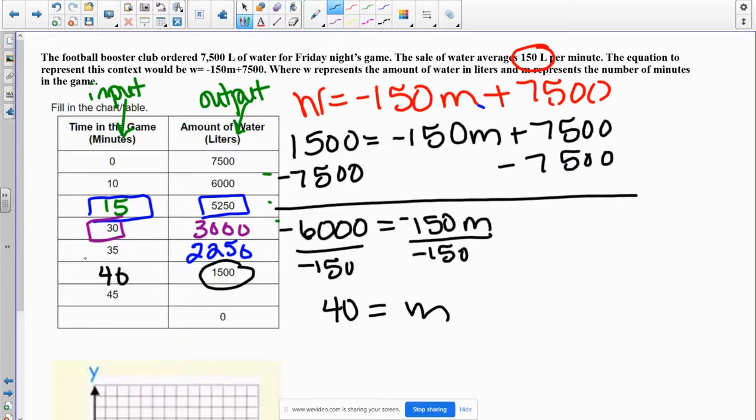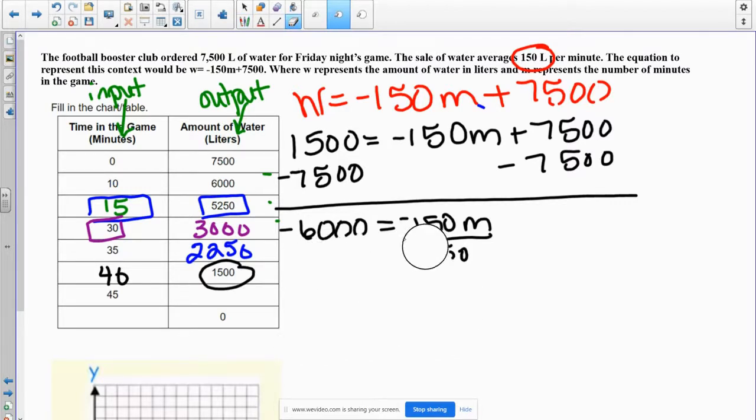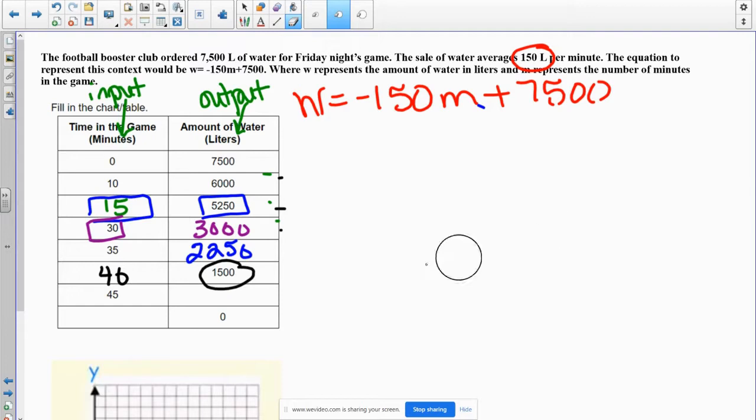It keeps continuously going down here with our water, but our minutes are going up because more of the time at the football game continues to go by. This time we know our input on our next row. We're looking for our output. Notice that we know our input, looking for our output. So this time we're looking for the water, how much water is left.